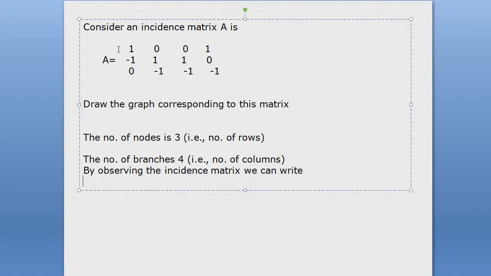You can write here node 1, node 2, node 3, and branch 1, branch 2, branch 3, branch 4.